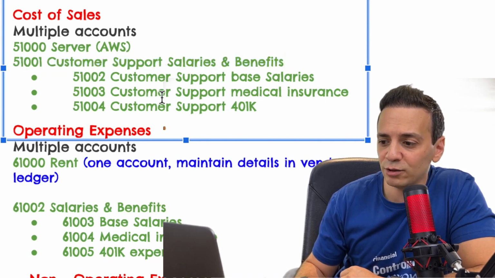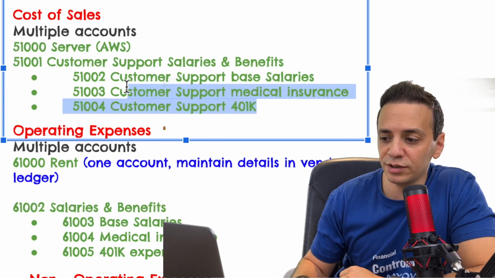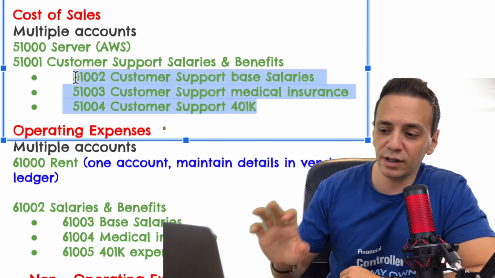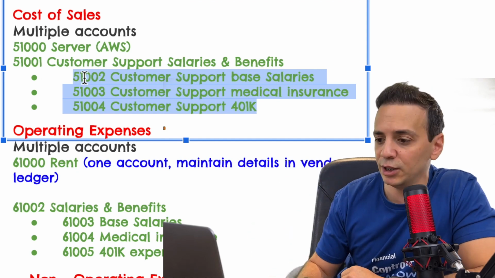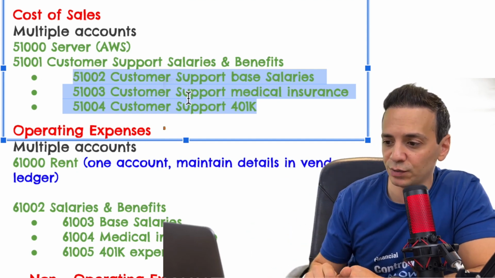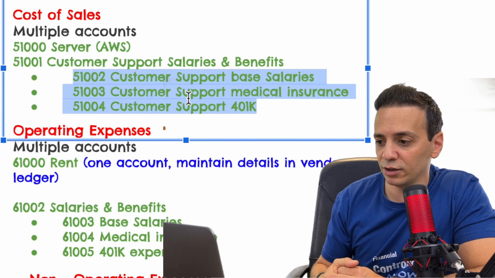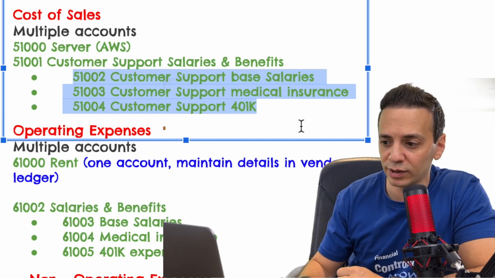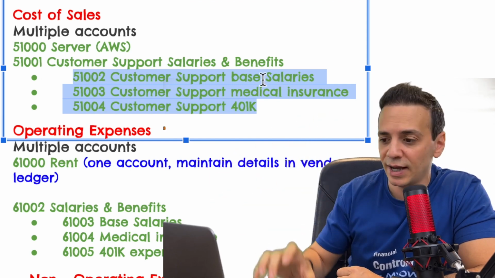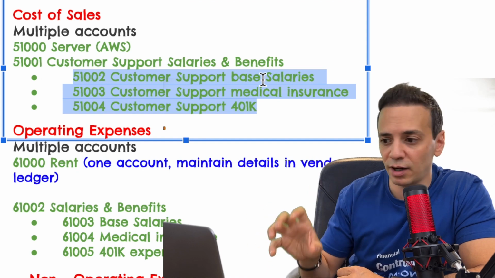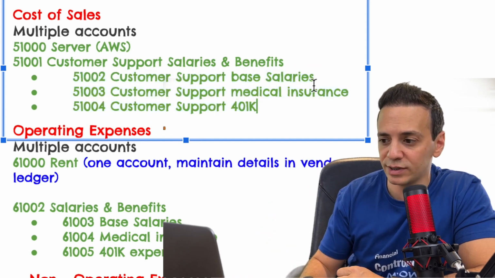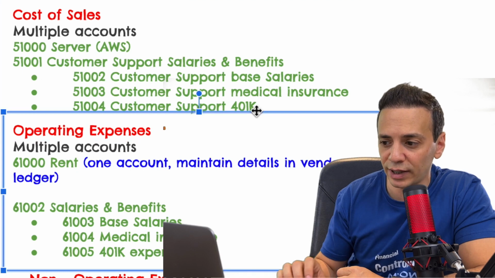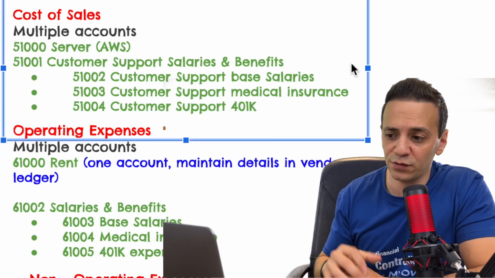And underneath that, we'll create multiple children accounts, and we'll look into the setup now in QuickBooks in a few minutes and see how to create a parent-child relationship when it comes to these things. So you want to create a parent account that houses all of the salaries and benefits, and then children accounts for the sub things, which is salaries, medical insurance, 401k, and all these things. Okay, so that's for cost of sales.